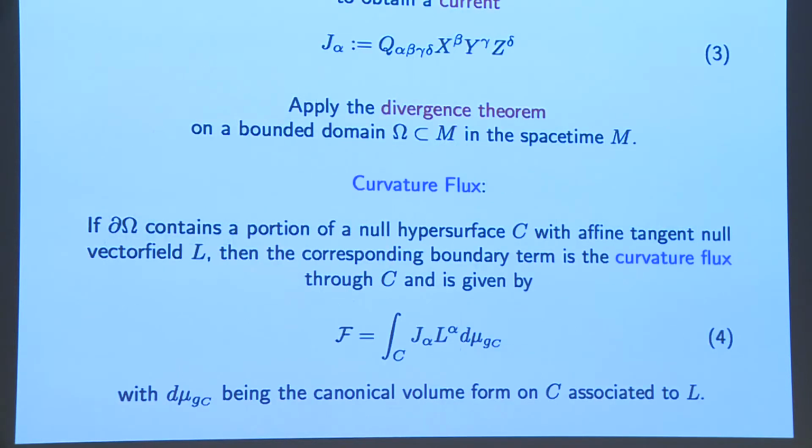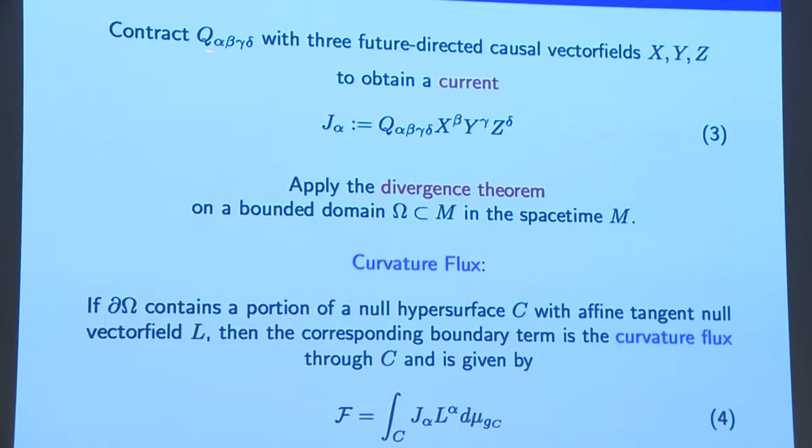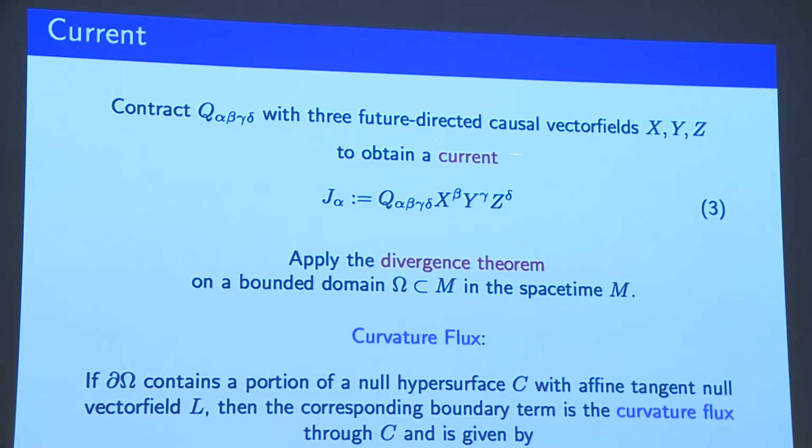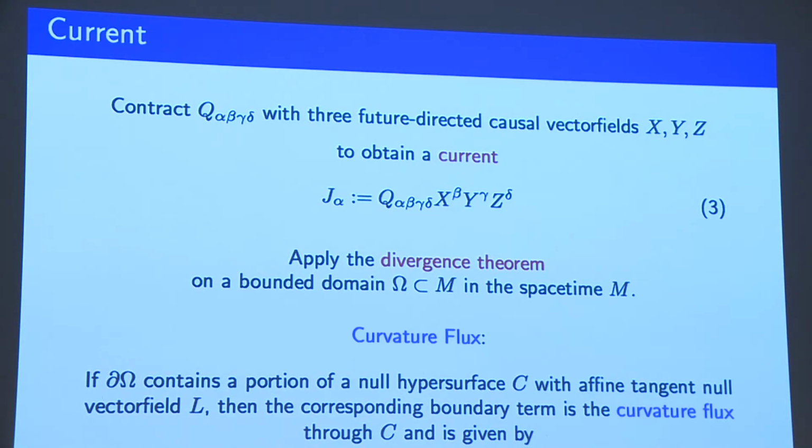So let me also introduce the current. If Q is the Bel-Robinson tensor I just introduced, contract this now with three future-directed causal vector fields, and we obtain what we call the current in this case. I'm going to call this J. That's my current. Then I can apply the divergence theorem on a bounded domain in the space-time, and I can also then find what is my curvature flux.